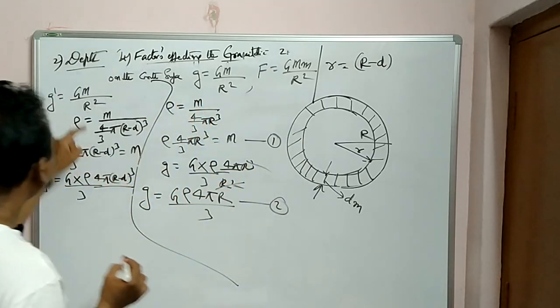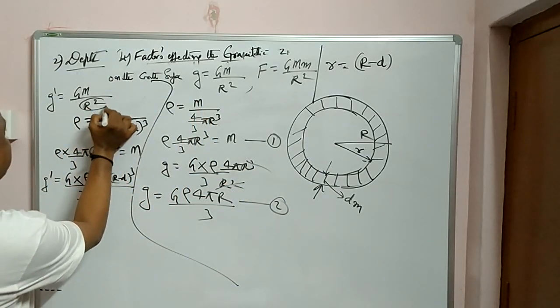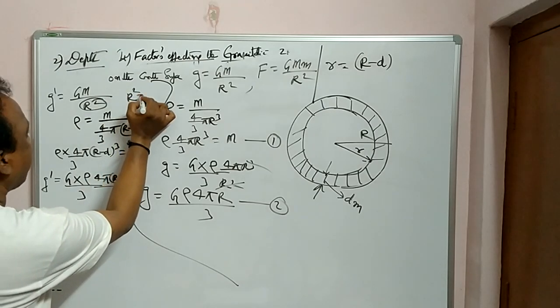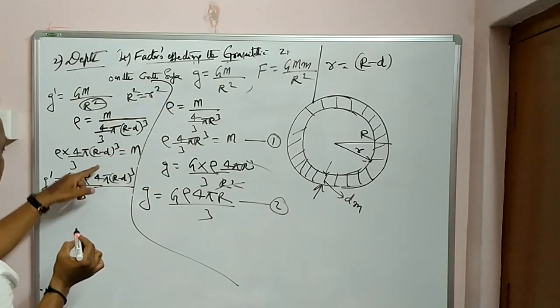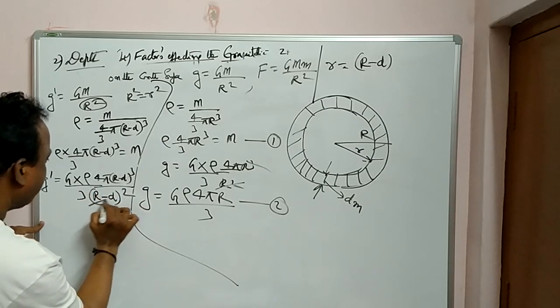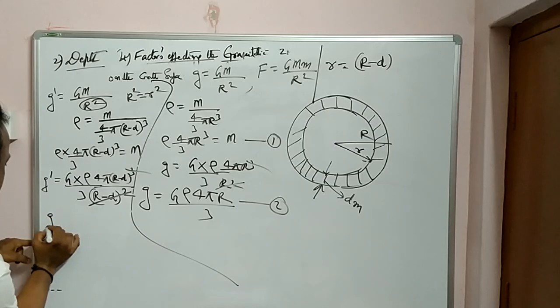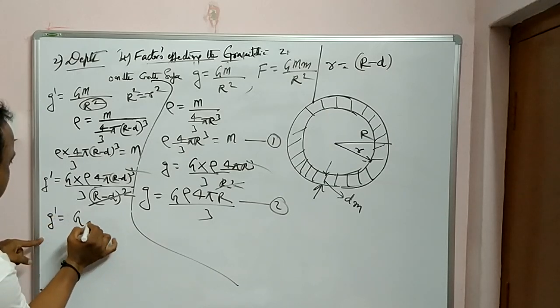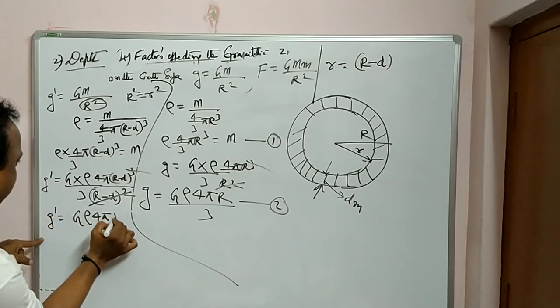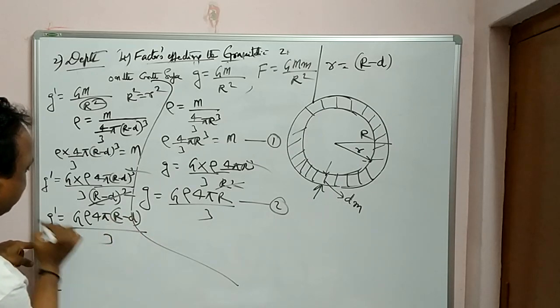So in the place of R, small r comes here. Whatever R square is there, it becomes small r square, that is (R minus d) whole square. So one (R minus d) cancels. So what is left over now? g dash is equal to G rho 4 pi (R minus d) by 3.